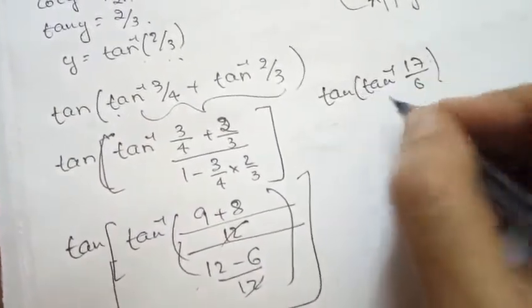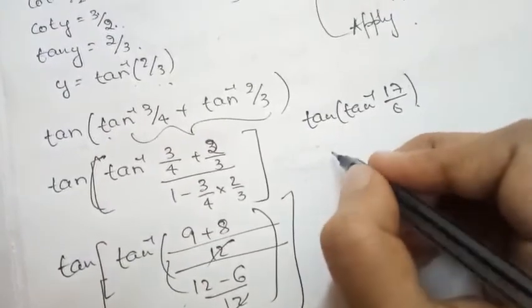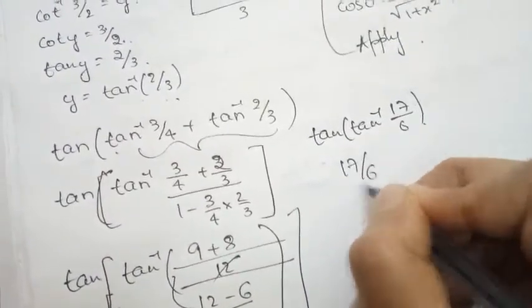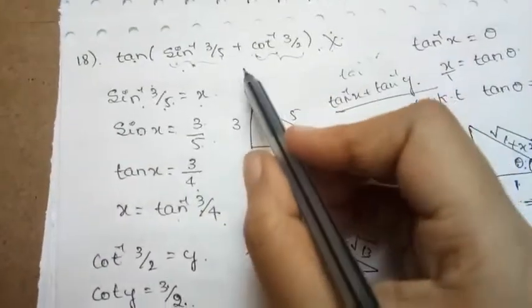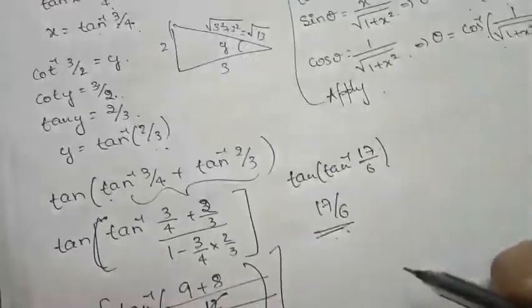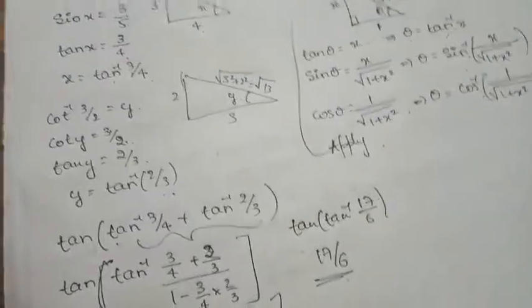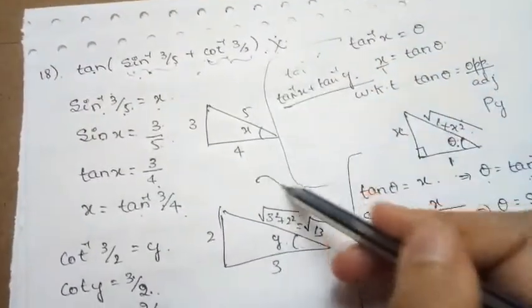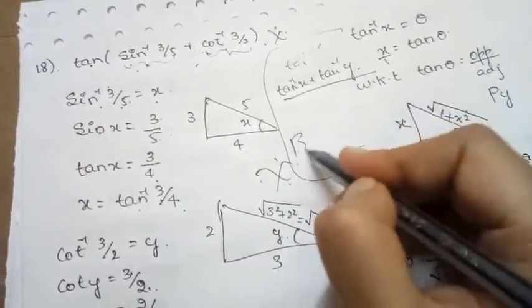So tan of tan inverse of 17 by 6 is nothing but 17 by 6. So the value of this is 17 by 6. This is how we are transferring the function. So remember, this is very important and very basic also.